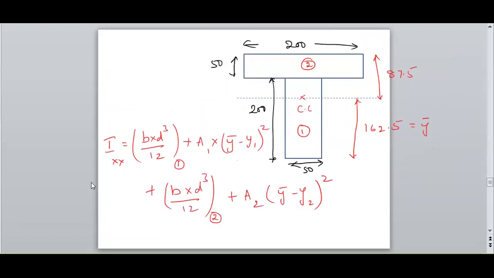Now after finding the centroid, I need to find the moment of inertia Ixx. The formula is BD cube by 12 for the first cross section and BD cube by 12 for the second cross section, plus the parallel axis theorem: A1 into (y bar minus y1) whole square plus A2 into (y bar minus y2) whole square.